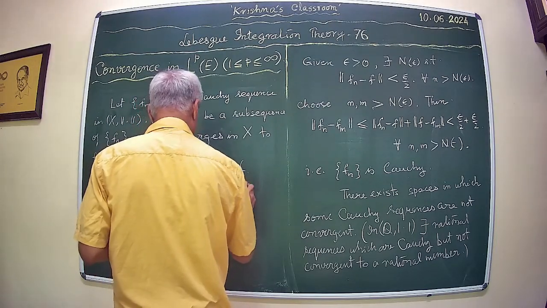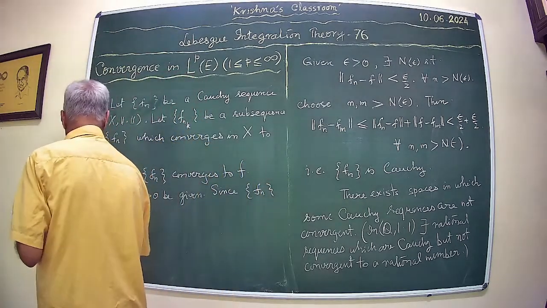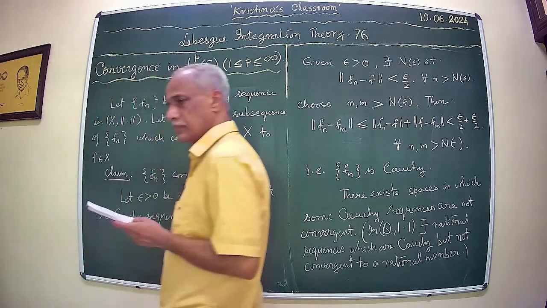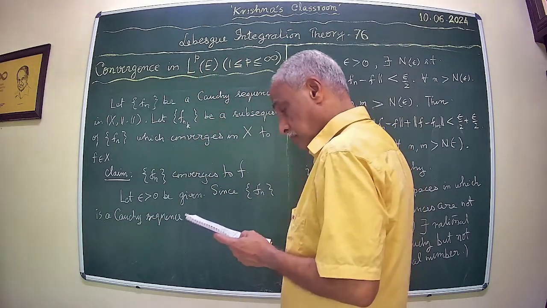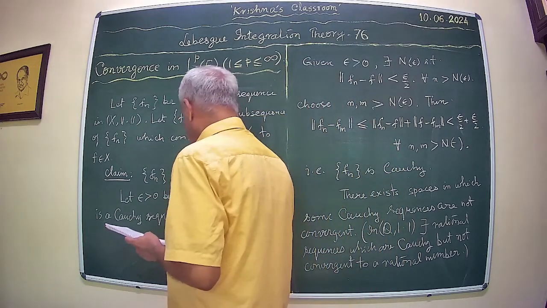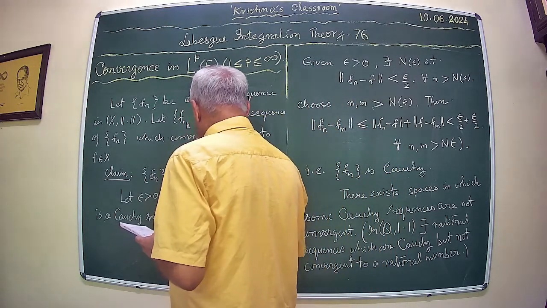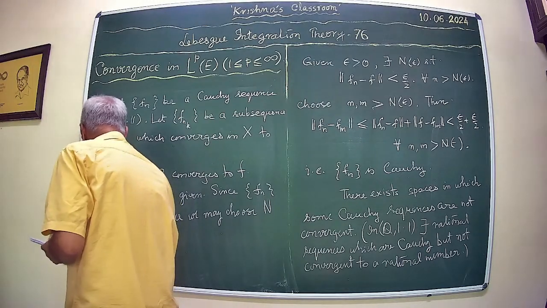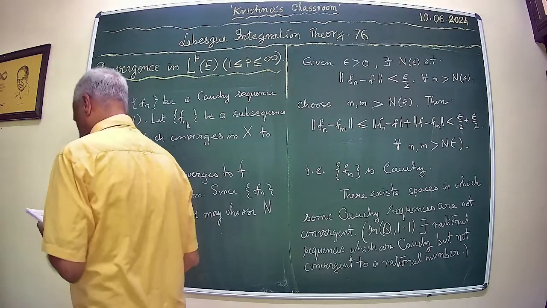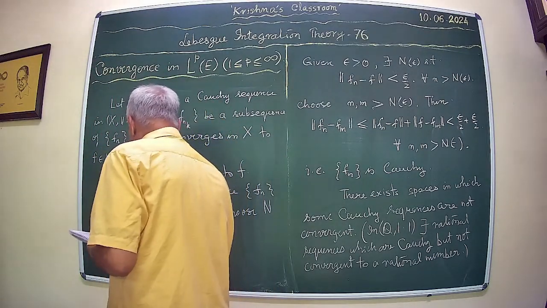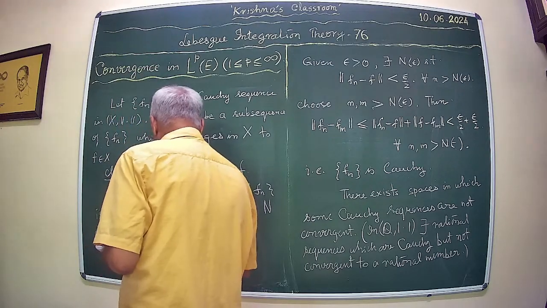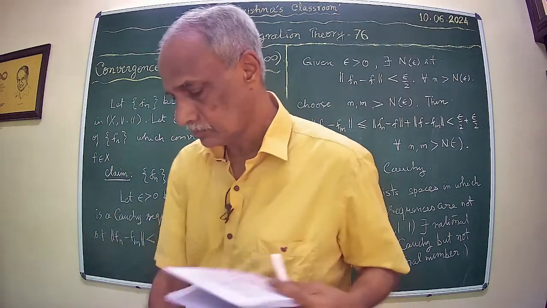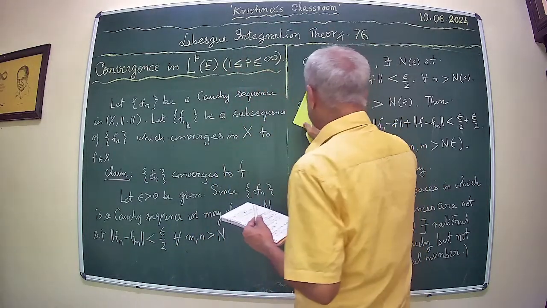Since Fn is a Cauchy sequence, we may choose N such that the norm of Fn minus Fm is less than epsilon by 2 for n, m greater than N. Now what we look at is this subsequence Fnk.